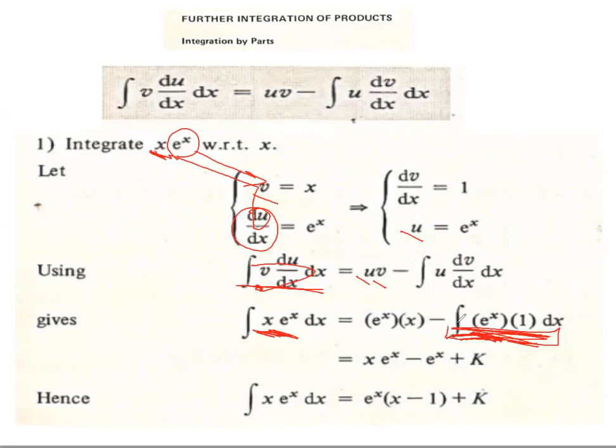I'll give you a hint: this is going to be more complicated to integrate than this. And then you realize, no, I did the wrong substitution. I need to go back to the beginning and switch the substitution around. Try it on your own sweet time afterwards.